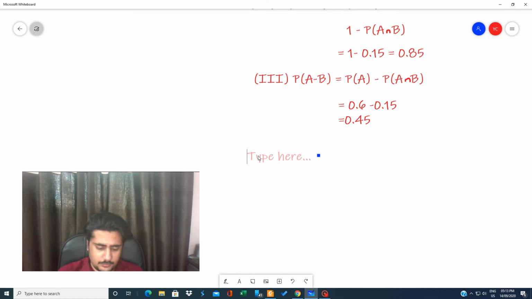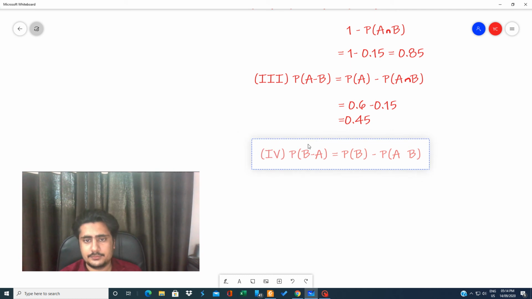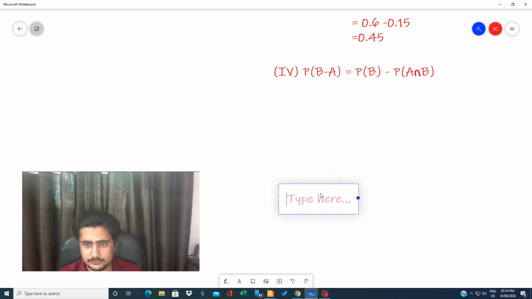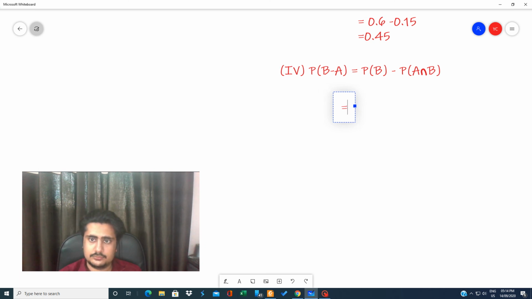Then fourth, P of B minus A. It is P of B minus P of A intersection B. So it is 0.3 minus 0.15, okay, so it is 0.15.